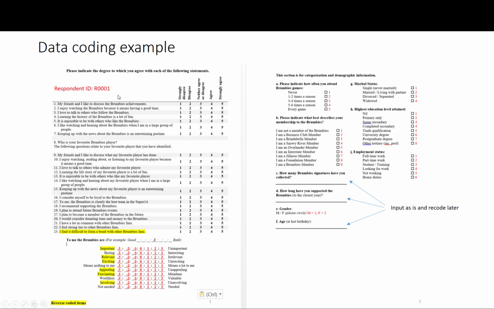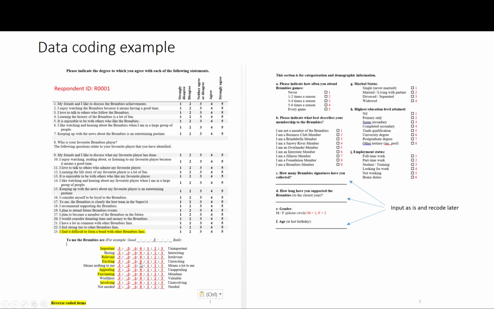However, for each survey I assigned a respondent ID number, so in this case R0001. This allows me to do an error check where, after everything has been inputted into my data set, I can randomly choose a respondent ID and double check to see whether these codes have been entered in accurately.